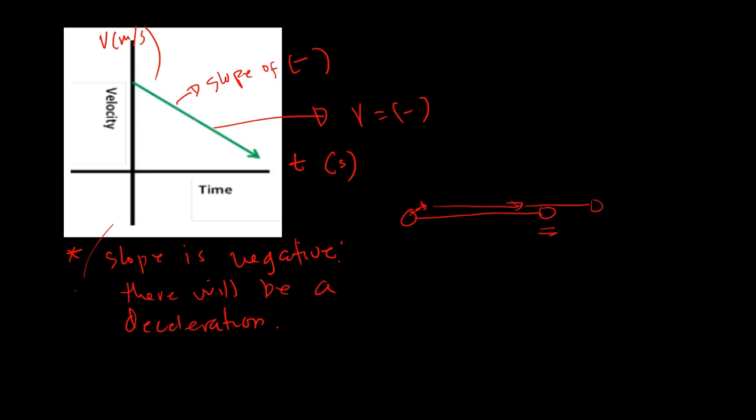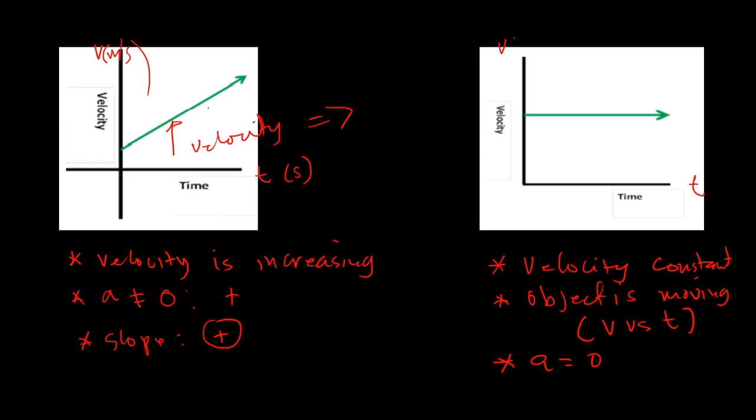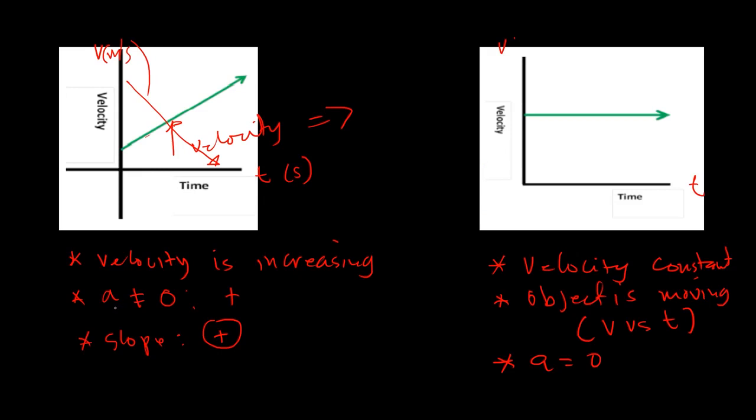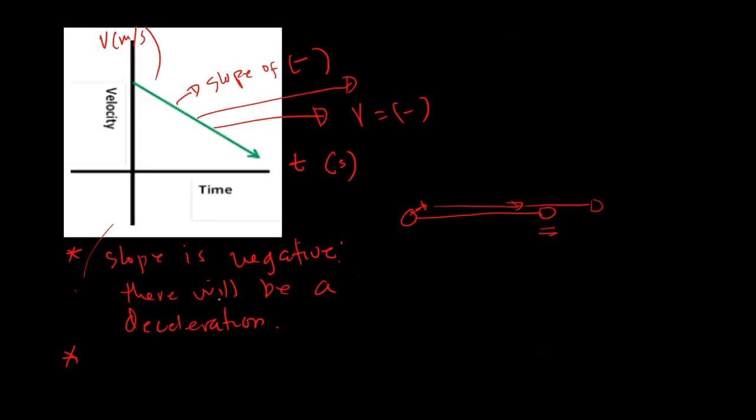Basically this is just the same as the previous one, only oriented like this. But still we conclude that the acceleration is not equal to 0, and in that case the acceleration is positive. In this one, acceleration is not equal to 0, but it is negative, and this is still a uniform acceleration.